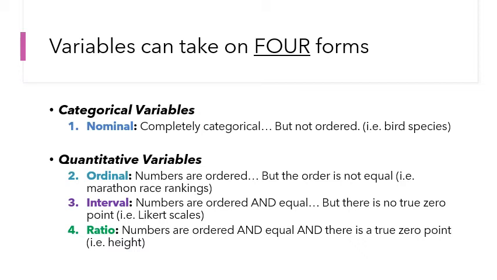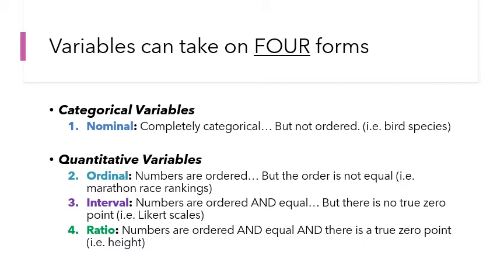Likert scales are those things that you see on surveys where it says on a scale of 1 to 10, how much do you like this person, or how sad are you right now, how happy are you right now. Notice how it's on a scale of 1 to 10, and even if there was a 0, there's no true 0 point because you can't truly measure 0 happiness, right? So that's what an interval scale is.